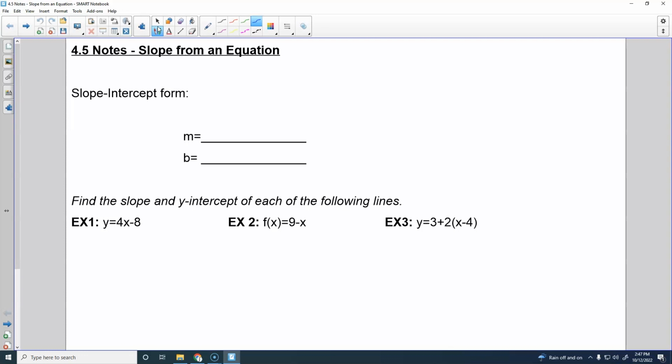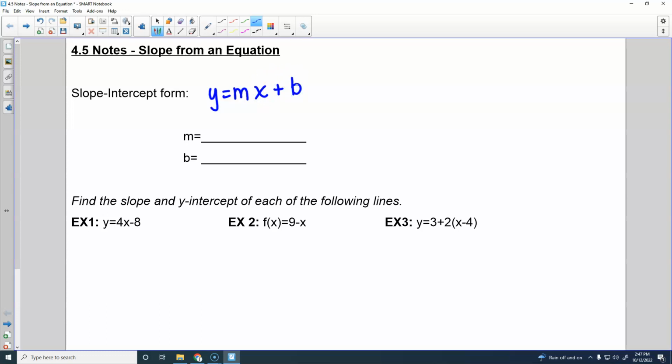Okay? So in order to find the slope from an equation, we are going to use the slope-intercept form of a line, which I believe you guys did last year. Does anybody remember what the equation of a line looks like? Y equals mx plus b.